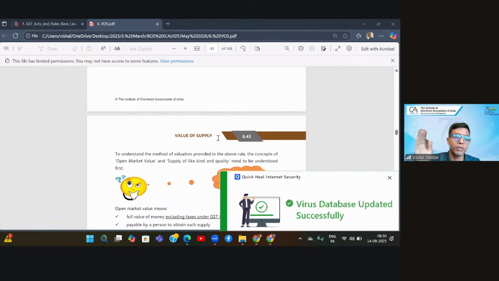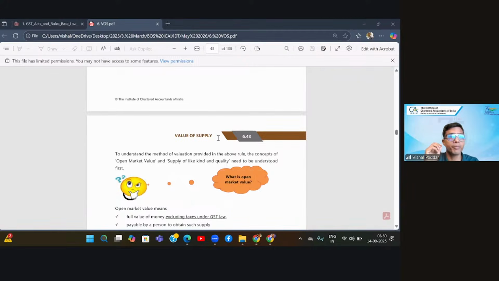Reason one, there would be a difference in their experience level. Reason two, there would be a difference in their professional acumen. So you cannot say that any other chartered accountant's fees should apply to me.